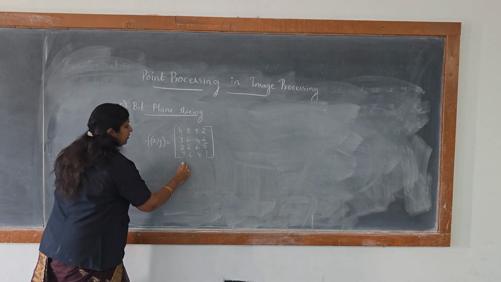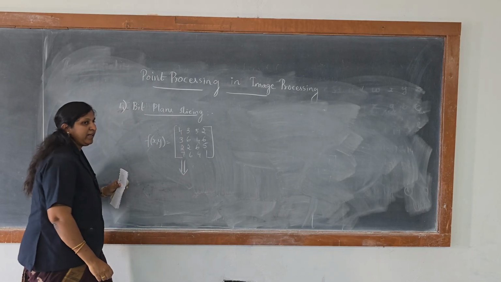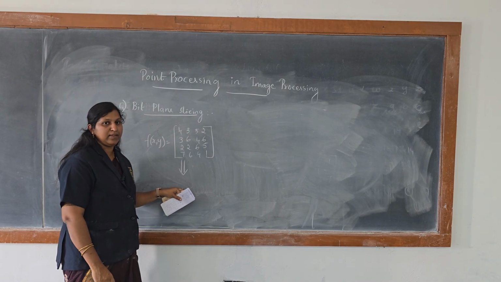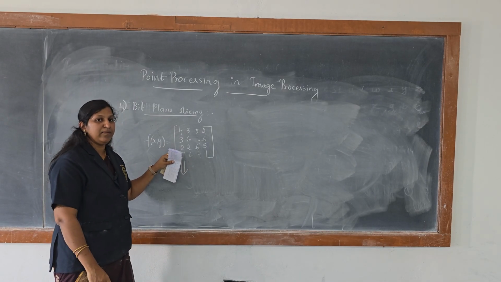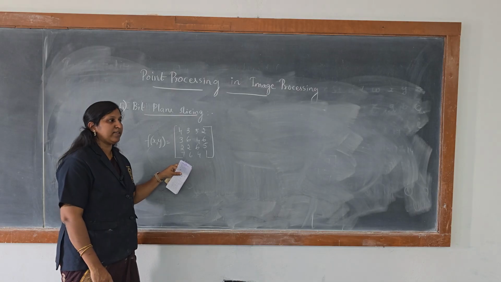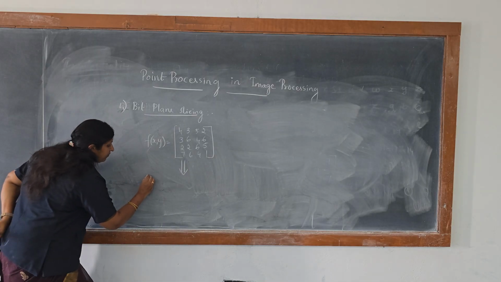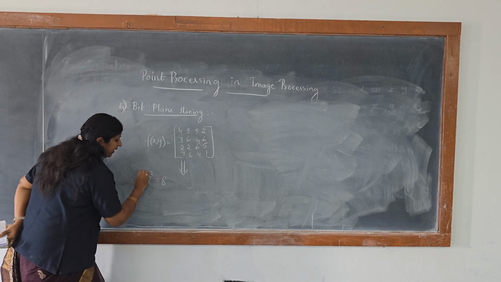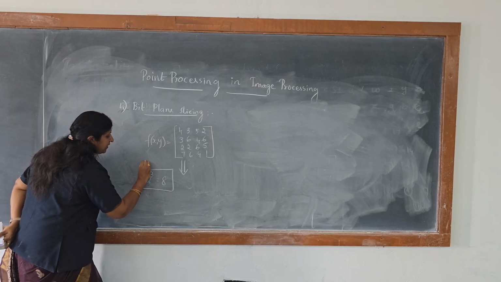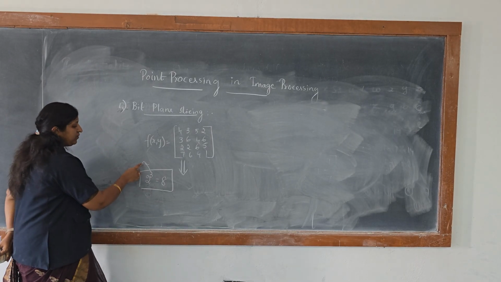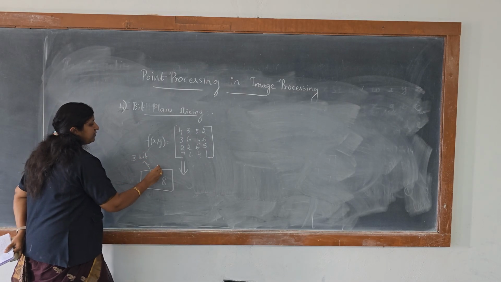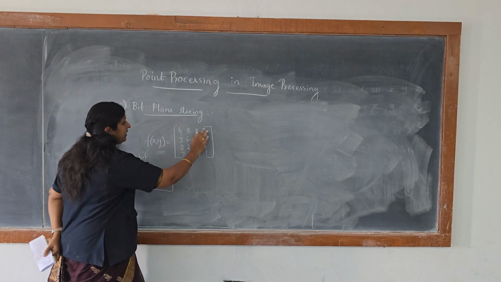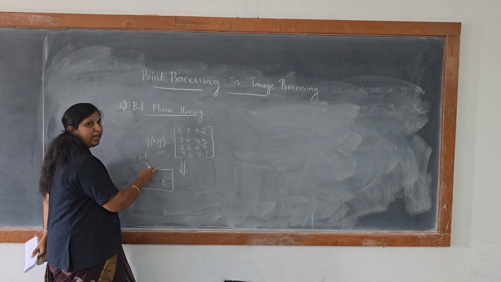To convert this digital image into binary form, first we have to calculate the number of bits. I already told you how to calculate the size of the image. We have the relation 2 power 3 equal to 8, and the power value says the number of bits in the image. So the given matrix is a 3-bit image. Now we can convert the given intensity values into 3-bit binary values.